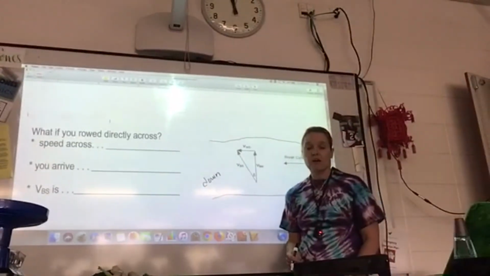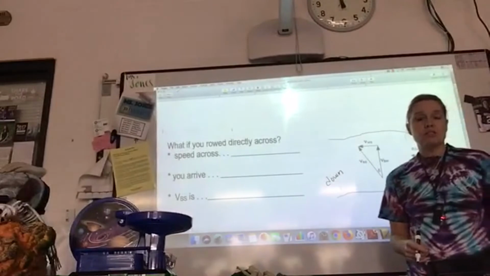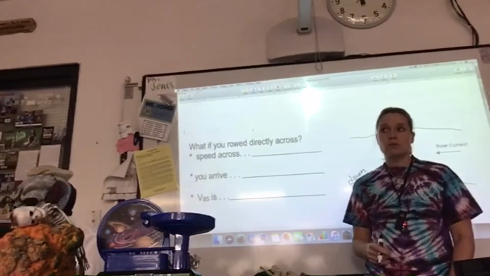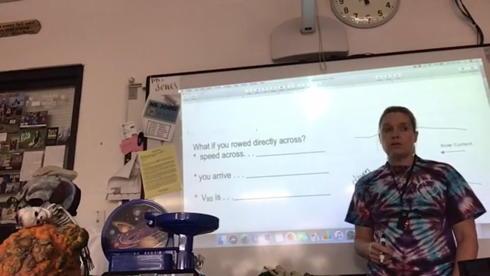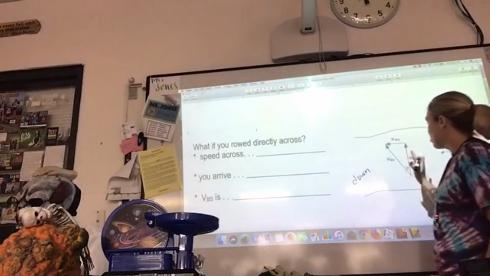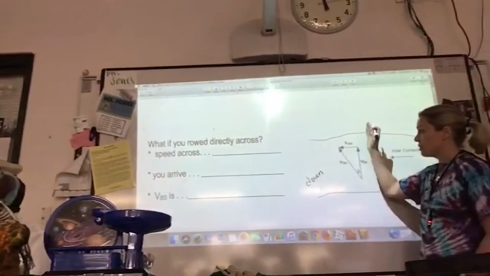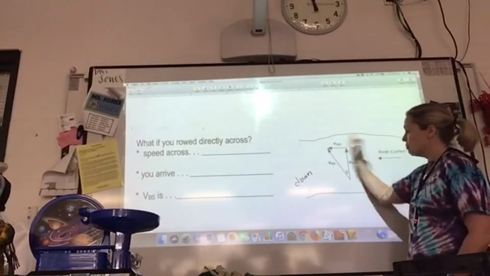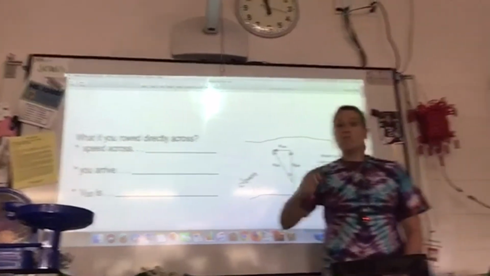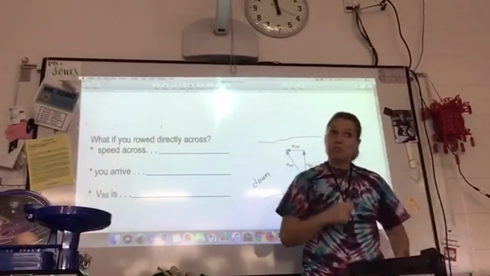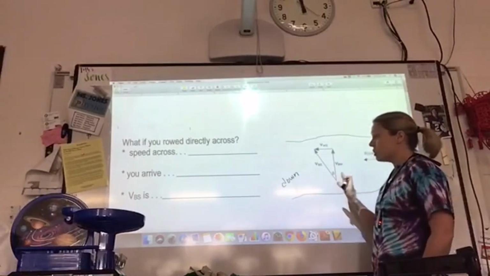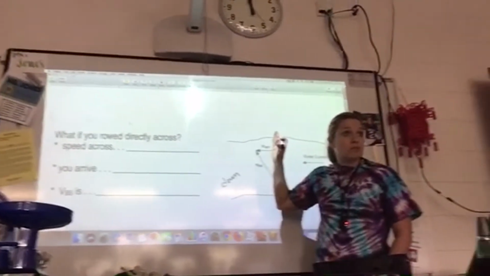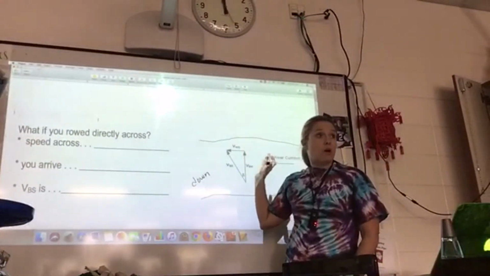So tell me, if you did this, what about your speed across? Is it slower or faster? Why is it faster? Two things. One is your actual speed across the river. It has nothing to do with your downstream. But didn't you take all your motorboat speed or your paddle speed, whatever it is, and all of your effort is in the y direction? You didn't waste some of it going in the x.